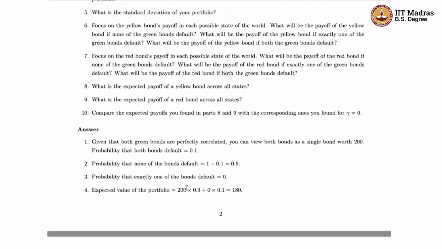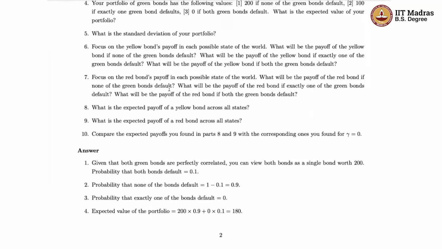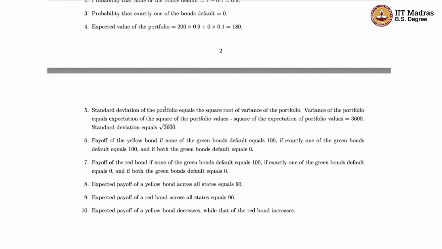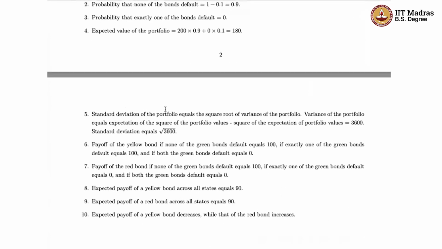Okay. What about the yellow bond and the red bond payoffs and the expected payoffs? You can do the same calculations, only the probabilities are now different, and the payoffs are still the same. If you do the expected payoff now, you can show that the expected payoff to the yellow bond is now 90 and the red bond is also 90, right?